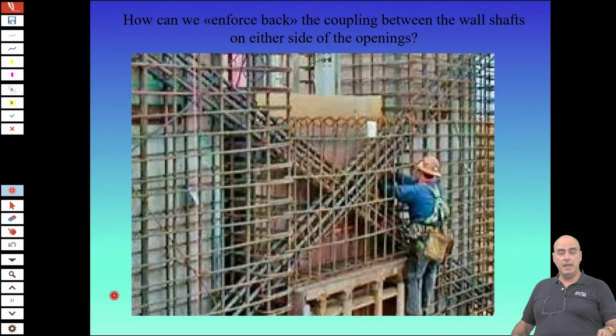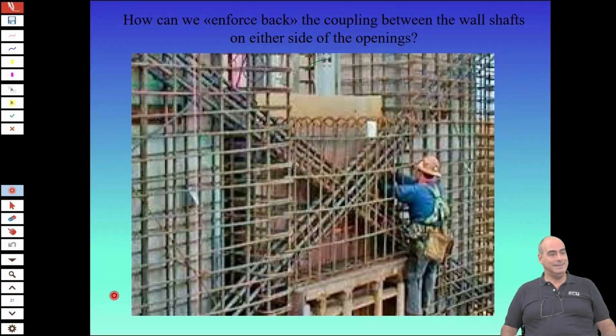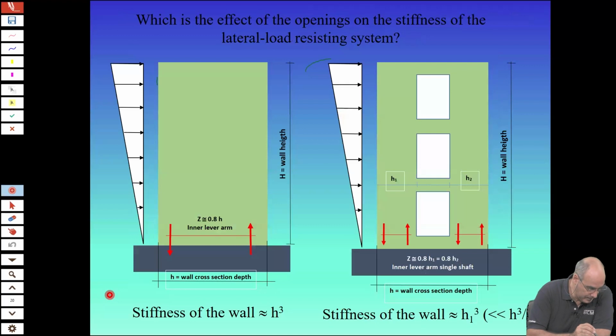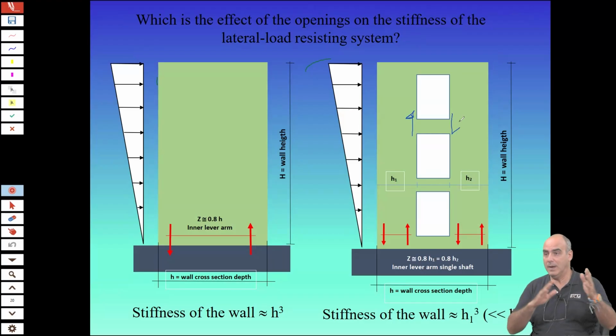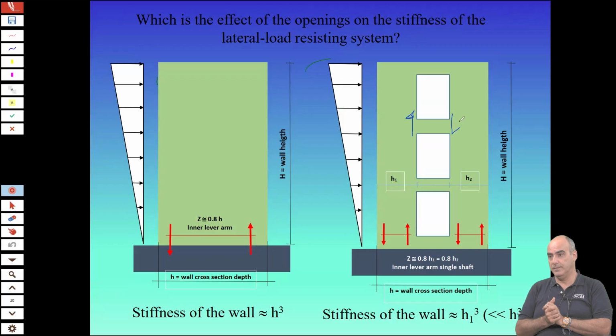Well, in the codes, especially for earthquake design, you find that you have to provide diagonal reinforcement. Why diagonal reinforcement? Because as a matter of fact, the force which has to pass from one side to the other is like a shear force like that. It's mainly a shear force.